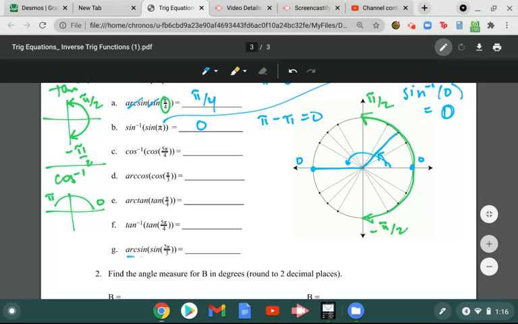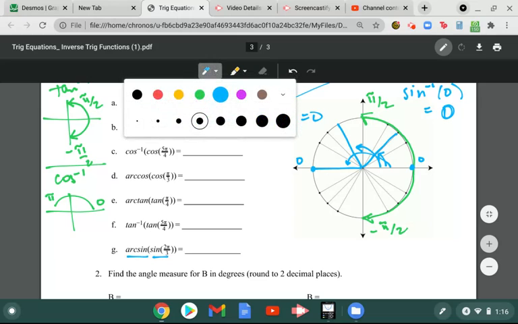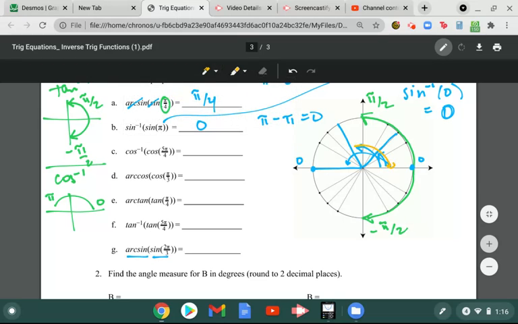For this next sine one, the last one in this group, arcsine sine of 2 pi thirds. 2 pi thirds is right here, also not within my domain restrictions. But these are supplementary angles. So this right here is 2 pi thirds, and this right here is pi thirds. That angle pi thirds is going to have the same sine value.